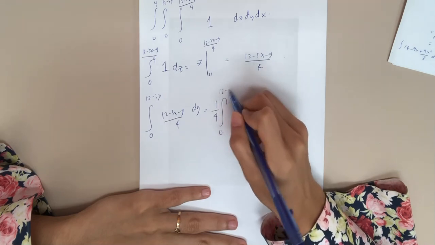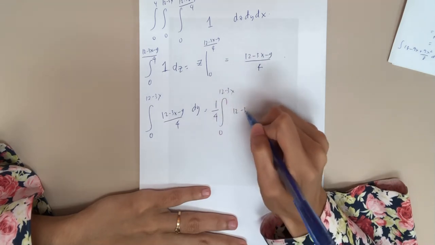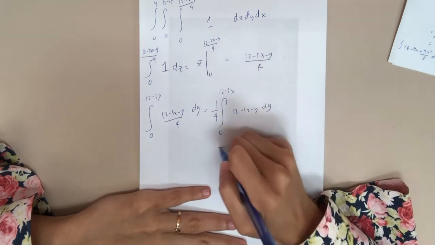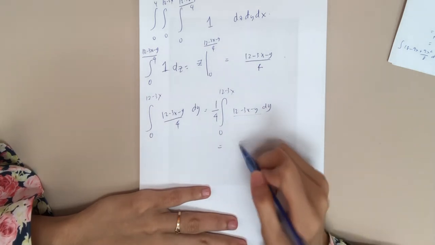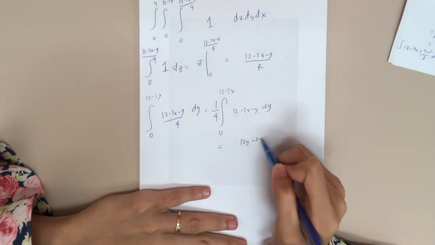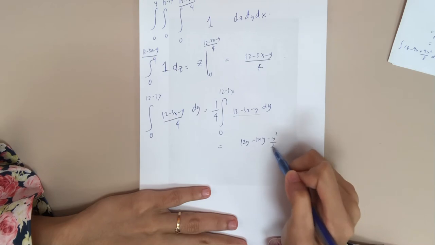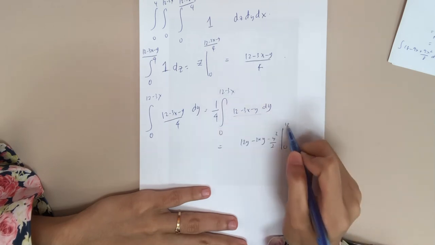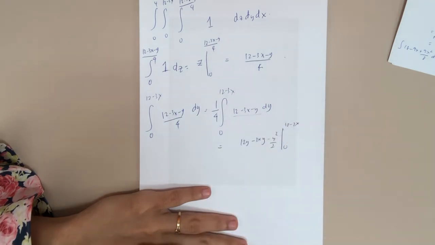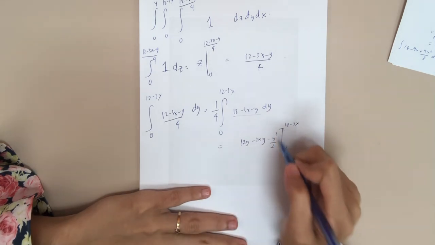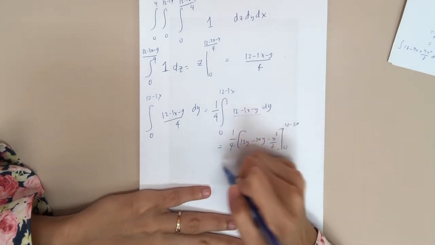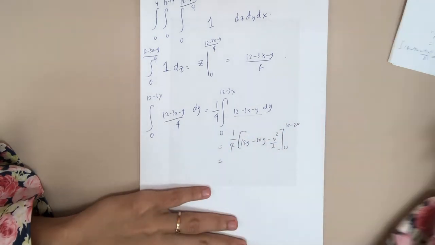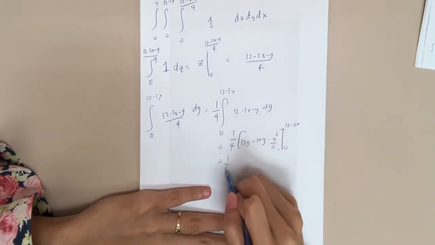So inside here I'm left with 12 minus 3x minus y dy. Then I will integrate this one, so I have 12y minus 3xy minus y squared over 2. And then we will substitute 12 minus 3x into y, and don't forget you still have 1 over 4 outside here.